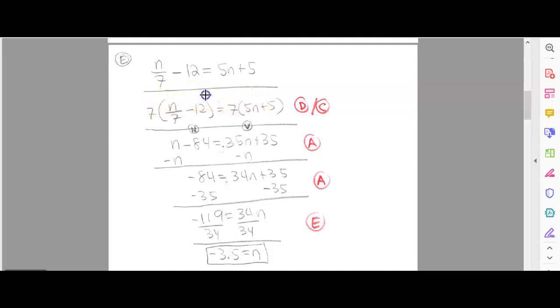Let's talk about this situation because that can look intimidating once again. So notice I have 7 times the quantity of n over 7 minus 12. But then from all that craziness, I get this. So let's once again take this, bring it over. Let's have a little discussion about it, okay?